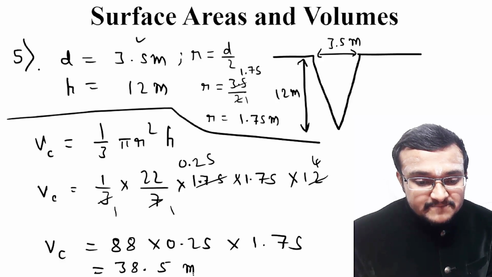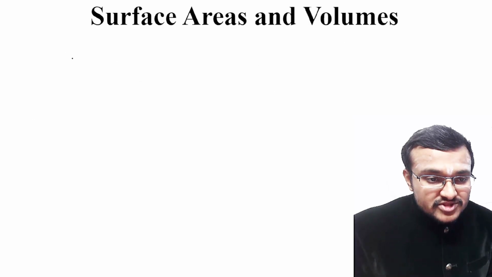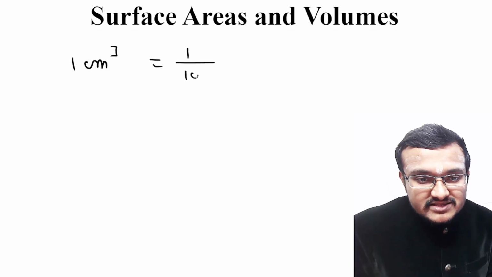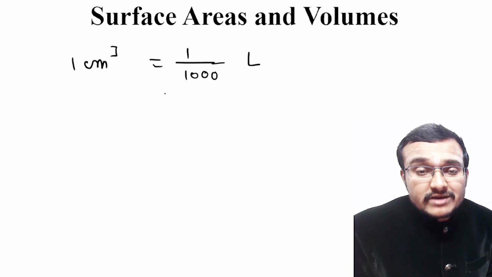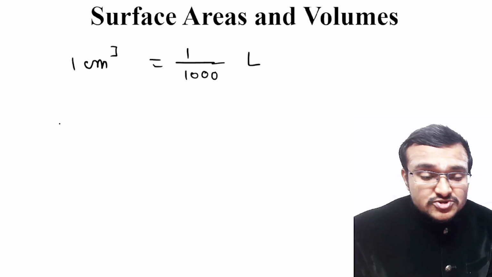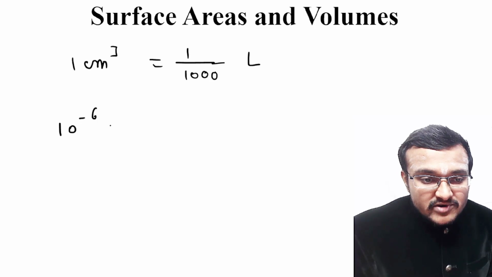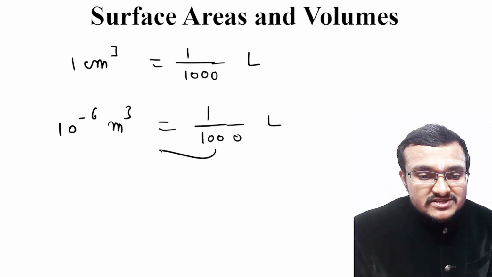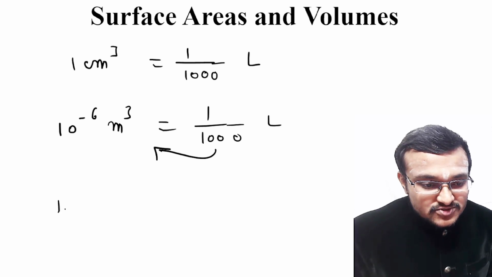So 38.5 meter cube. We know that 1 centimeter cube is equal to 1 by 1000 liters. So that means 10 power minus 6 meter cube is equal to 1 divided by 1000 liter. Now this 1000 you can bring to LHS. So 10 power minus 6 into 1000.